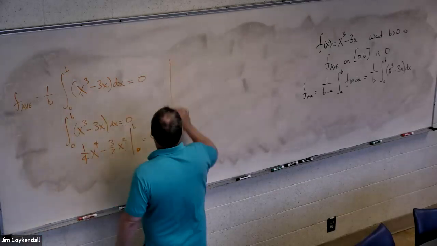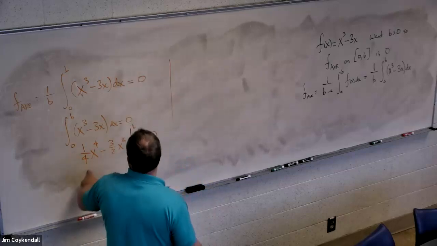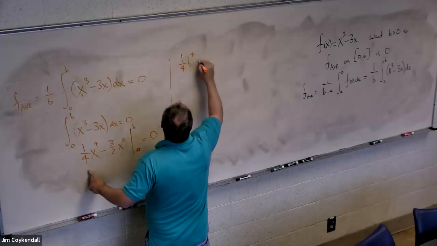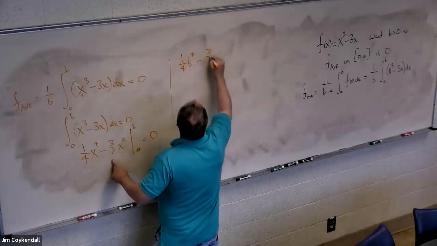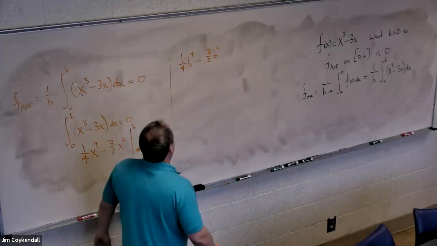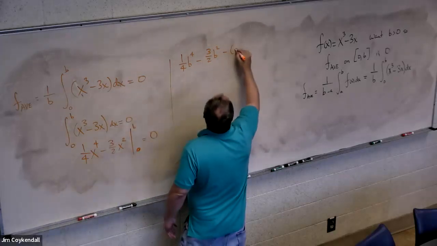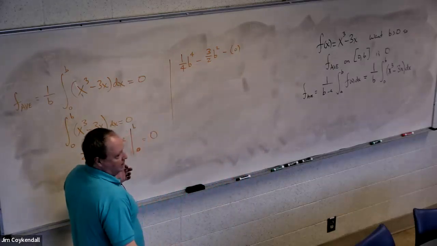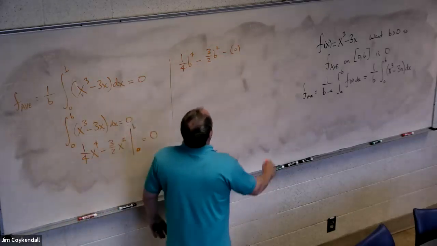So this should give me an equation to solve. When I put in B, I get 1/4 B to the fourth minus 3/2 B squared, minus 0. Right, because clearly when I put a 0 here, it's 0. And I want this equal to 0.